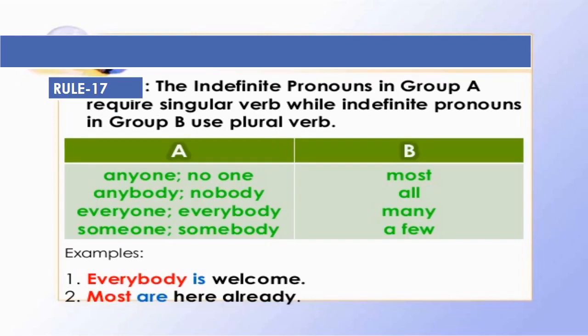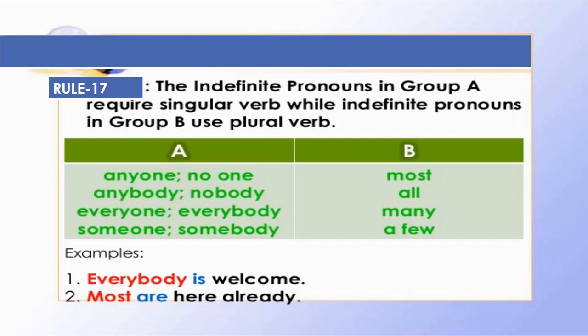Rule number 17 is, the indefinite pronouns in group A require a singular verb, while indefinite pronouns in group B use a plural verb. Group A is anyone, no one, anybody, nobody, everyone, everybody, someone, somebody. And in group B, we have most, all, many, a few.